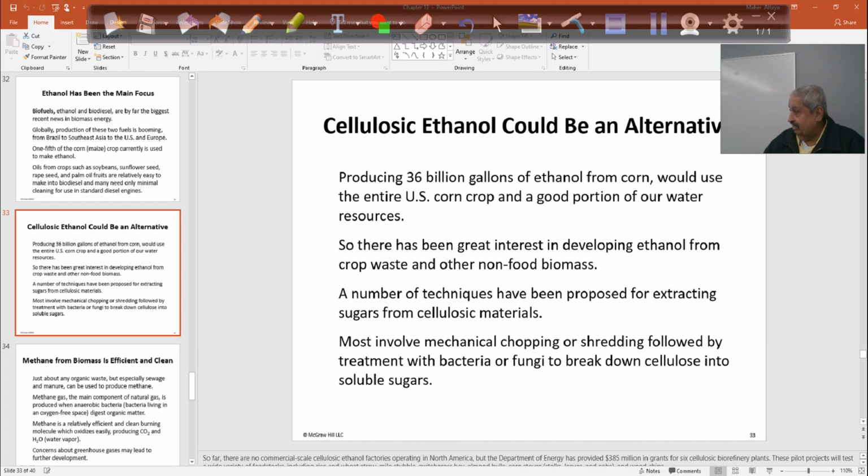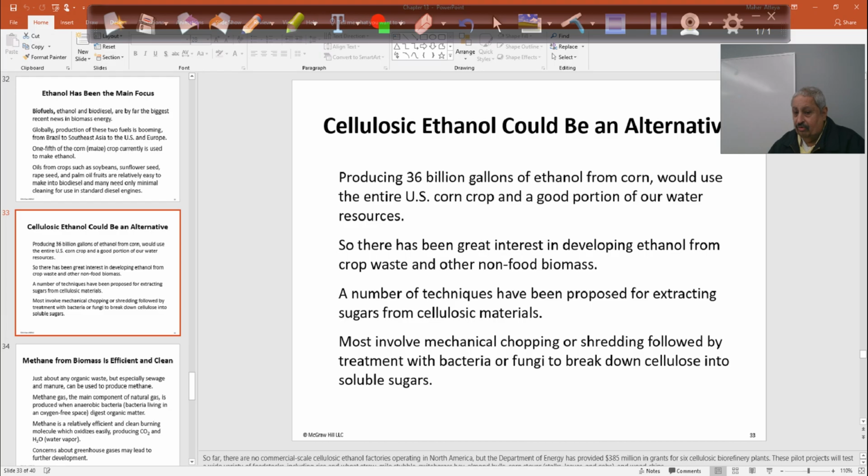If you can extract the glucose out, then you can carry out the chemical reaction and transform the glucose into what? Into ethanol. A number of techniques have been proposed for extracting sugars, the cellulose, from the cellulosic material that's in the plant, in the wood.